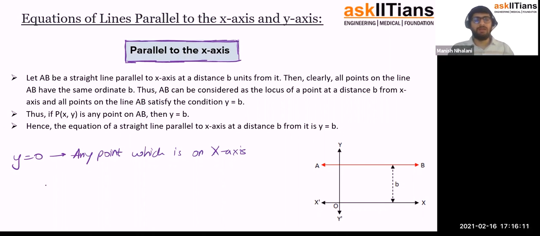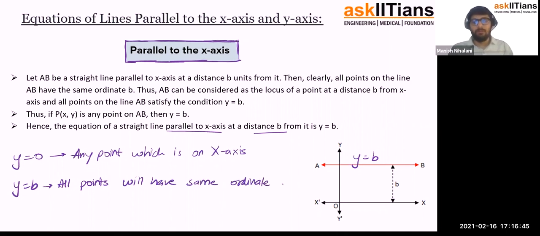Similarly, the equation of any straight line which is parallel to the x-axis at a distance b from it, as you can see in the graph, will be y is equal to b, because all the points on this line will have the same ordinate b.